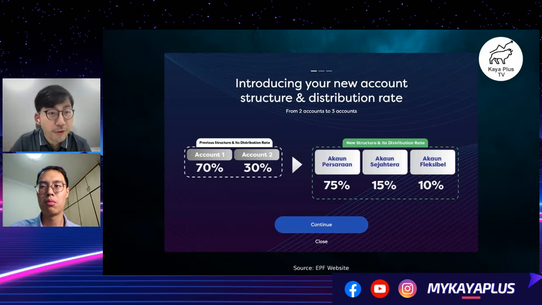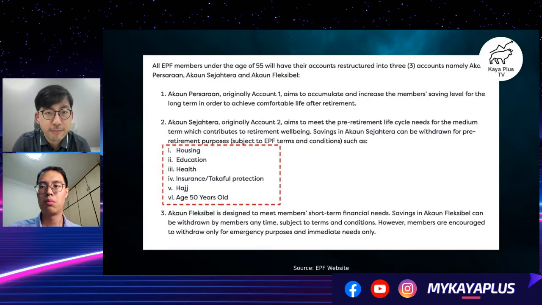Moving forwards, they will introduce a new account, account three, called account flexible, and the ratio will be changed to the new one, like what I shared in this slide. Account one will go from 70 to 75, the 10% of account two will go to flexible, and of course the 5 goes to the persaraan. So in short, you have three accounts moving forwards, and each of them serves different purposes.